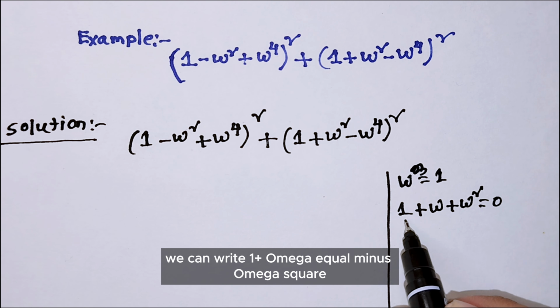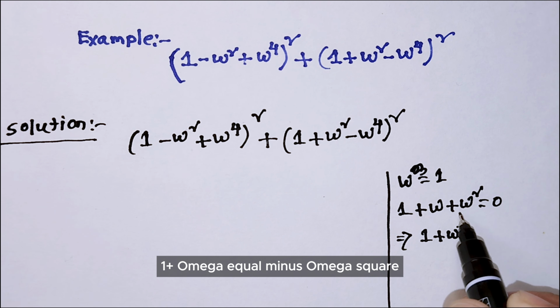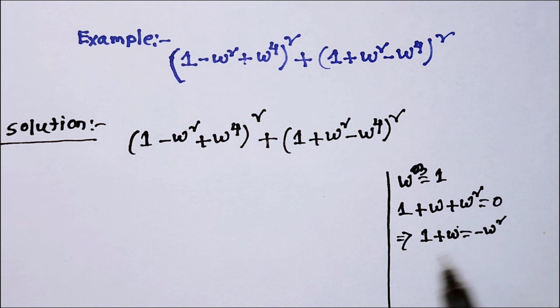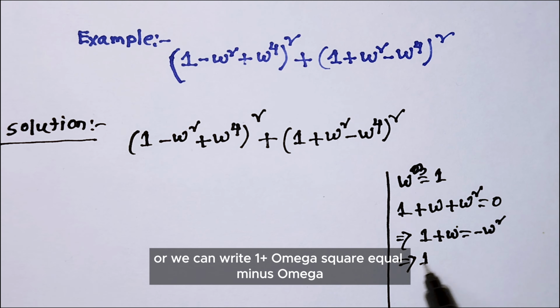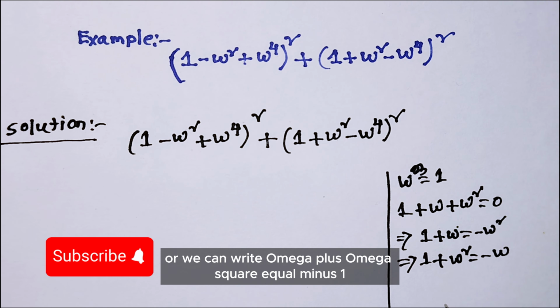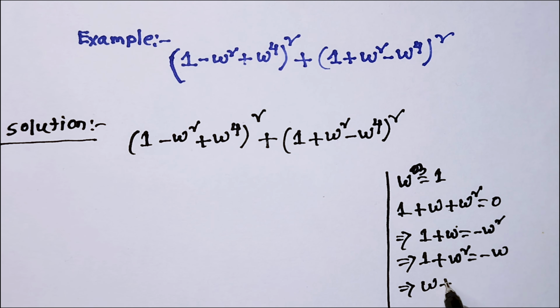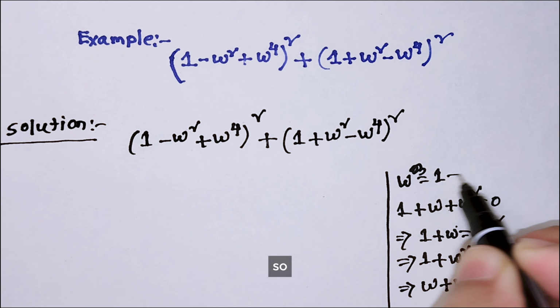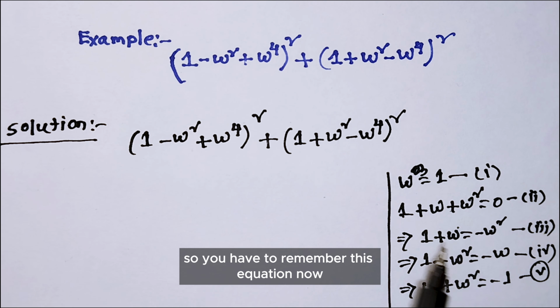So from this we can write 1 plus omega equal minus omega square, or we can write 1 plus omega square equal minus omega, or we can write omega plus omega square equal minus 1. So you have to remember these equations.